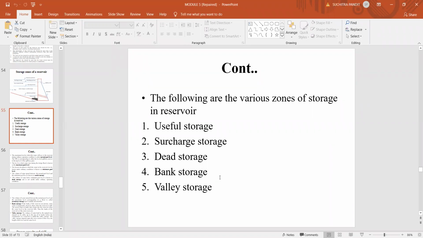Sometimes the banks of the river are pervious. If there is a high stage of flow in the river, some portion of the water is stored in the banks of the river, and the same will be contributed to the stream flow as and when the flood recedes. And also we have the valley storage. So these are the various storage zones of a reservoir.